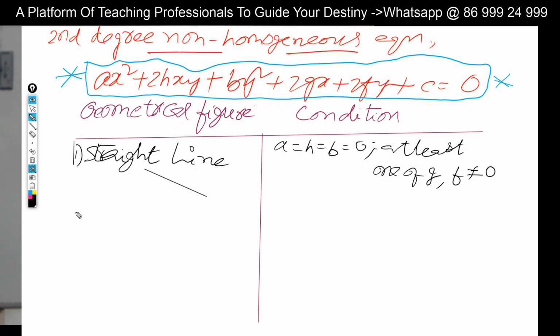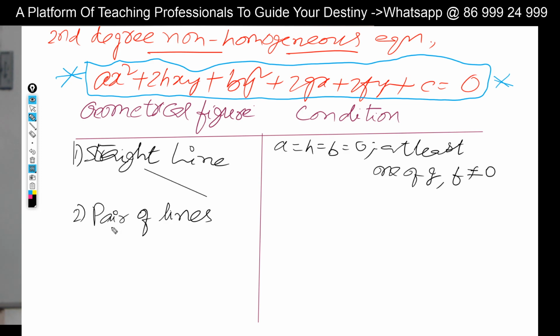Number 2, of course, for the board examinations, this pair of lines is there, but for JEE, pair of straight lines is not there. Whether it is the main examination or the advanced examination, pair of straight lines is not there. But they may even extend the questions to the pair of lines, because they can say that when one straight line is there, why not two straight lines?